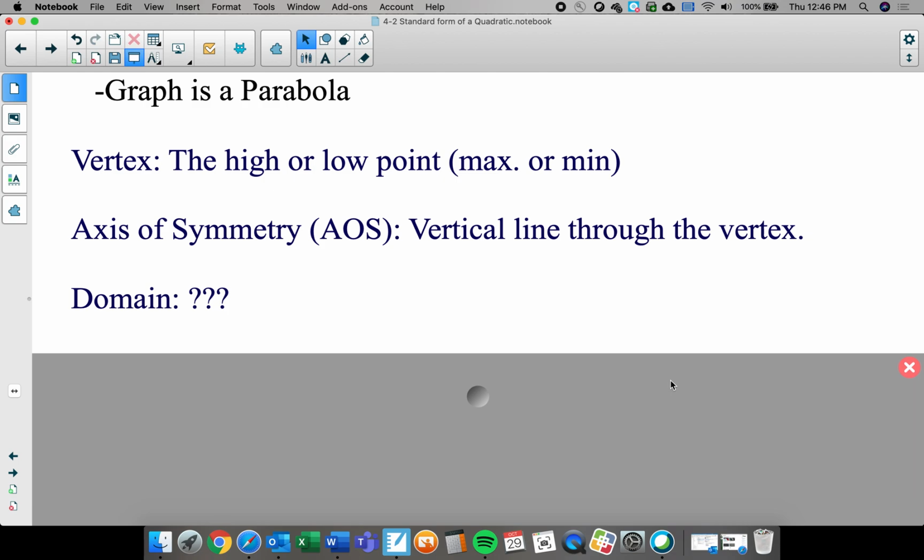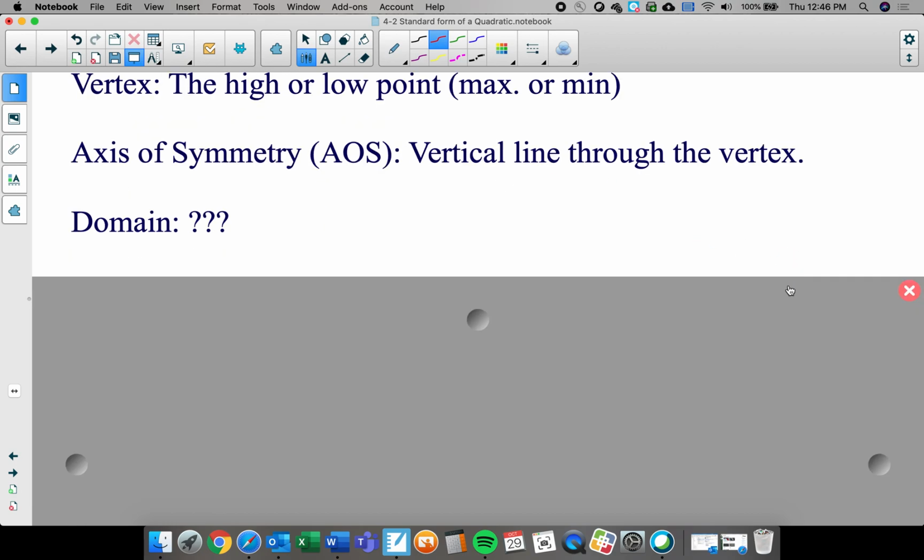Domain and range. We did not talk about this before, but if we remember back to domain, that is all possible x values. If we're going back to a quadratic and we're squaring something, think of anything that it cannot square.